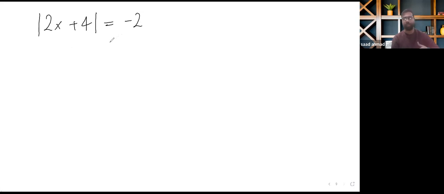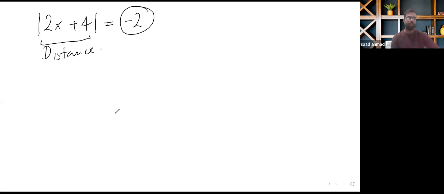The method is that. But the thing is, we cannot do it because I told you this is the absolute value. This is the distance. What is this? Distance from the 0. So can the distance from the 0 for anything be equal to negative 2? It's not possible.